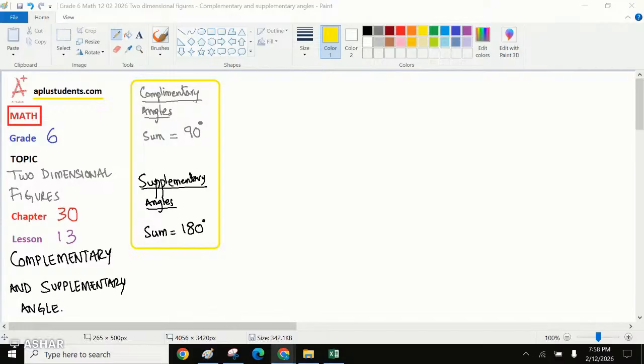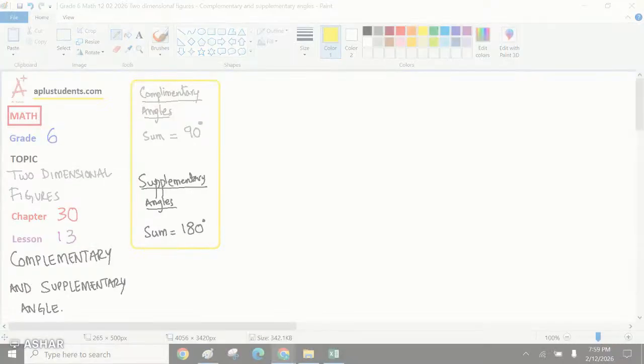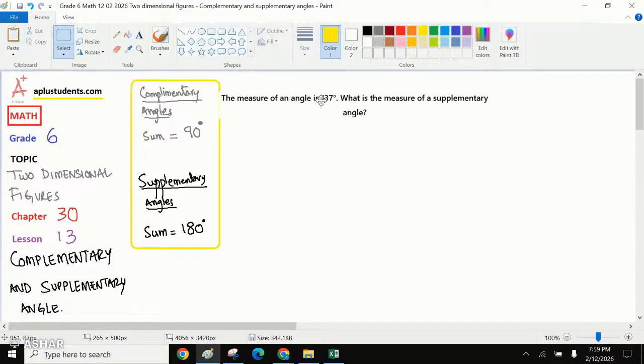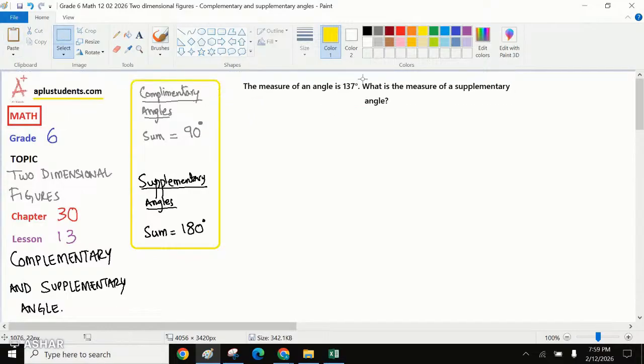If I would say the first question given to us says the measure of the angle is 137. We'll try to draw a rough sketch as well. What is the measure of the supplementary angle?